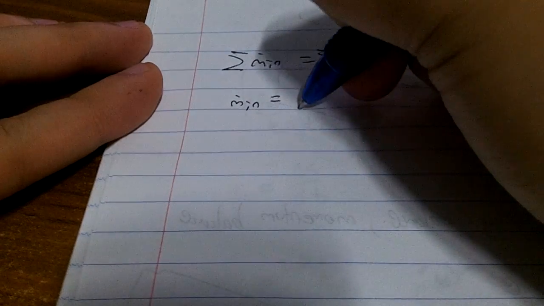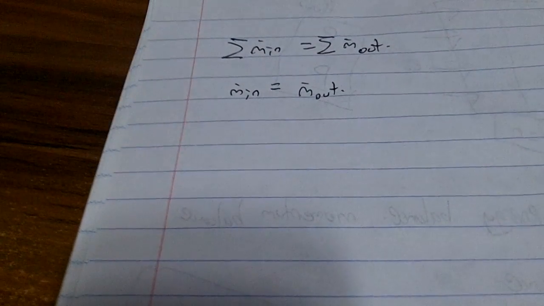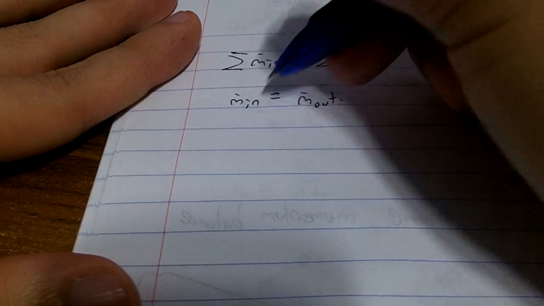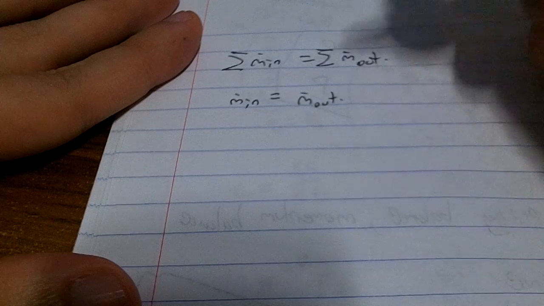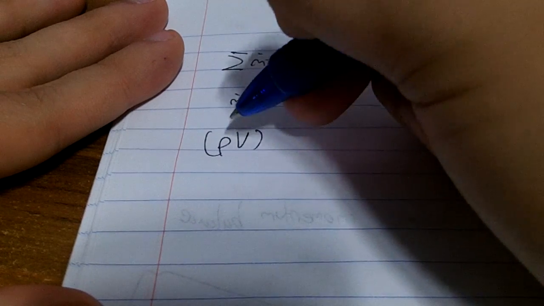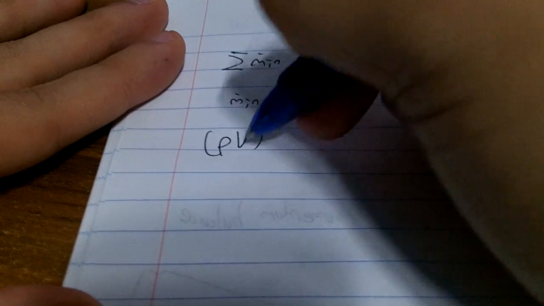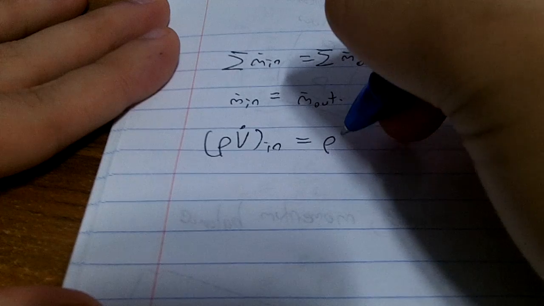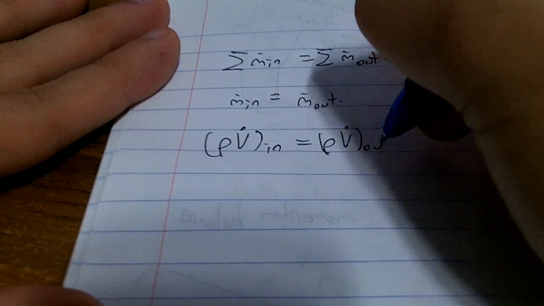Let's say we just have one stream in and one stream out. So this is m dot, the rate of mass flow in equals the rate of mass flow out. Since this is compressible, we need to look at the density and the volumetric flow rate in, and the density and the volumetric flow rate out.